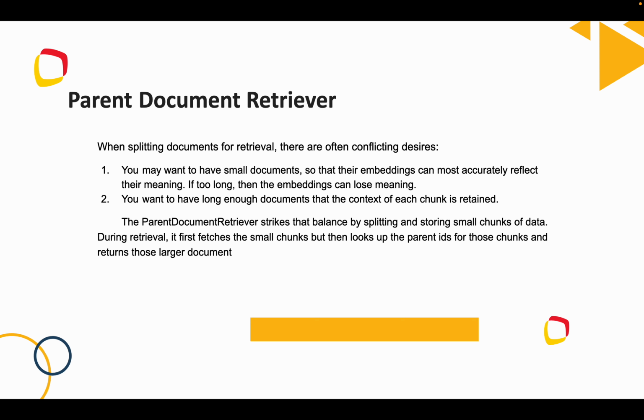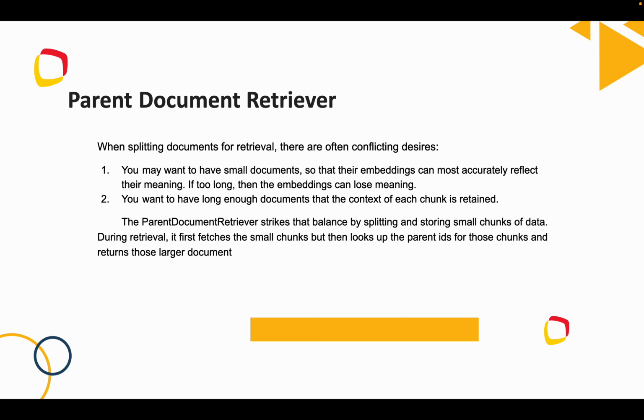We will have two kinds of splitting happening in the parent document retriever. One is it will split the document into small chunks, and whenever we run a query, it will compare with these small chunks.